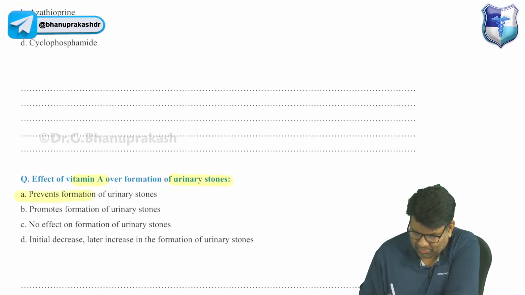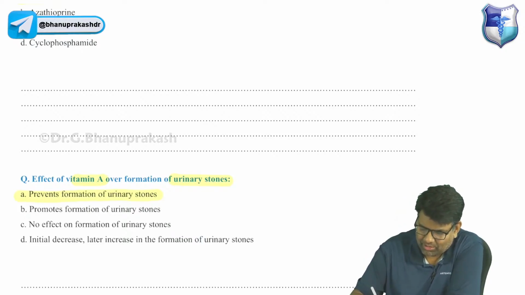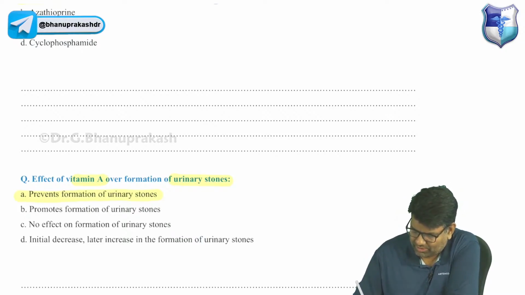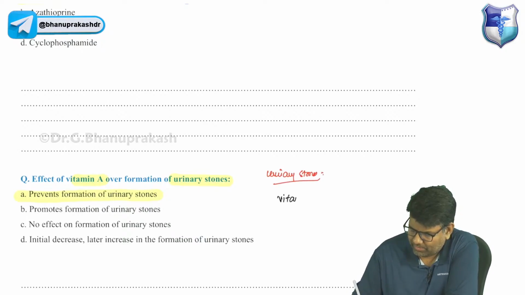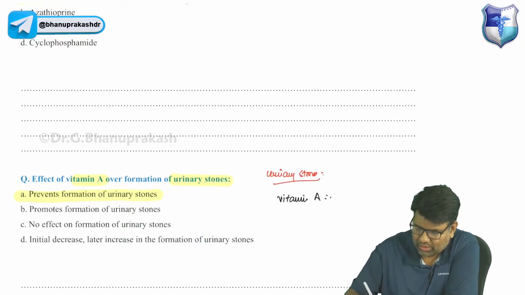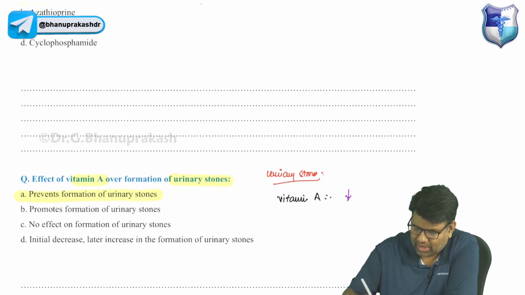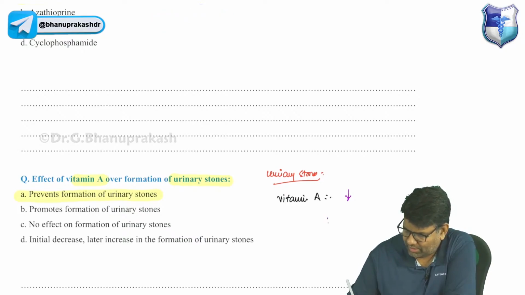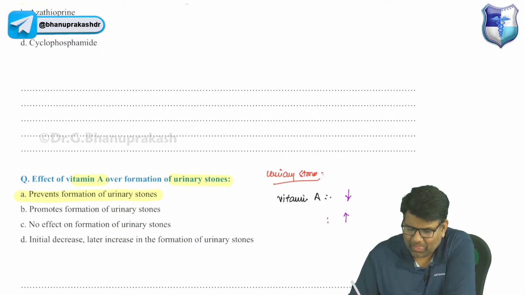Vitamin A prevents formation of urinary stones. So there are 2 vitamins which you should remember in terms of urinary stones. One is vitamin A, which will prevent desquamation or the formation of a nidus. So it will decrease stones. And which vitamin will increase?